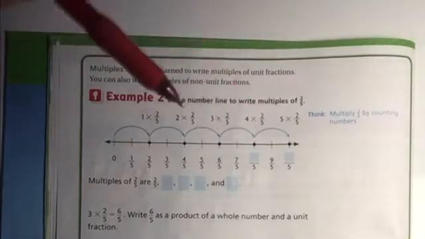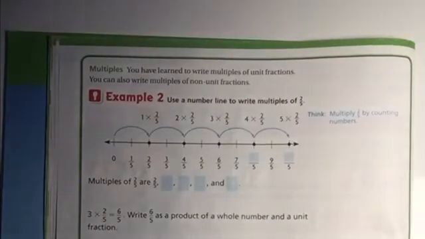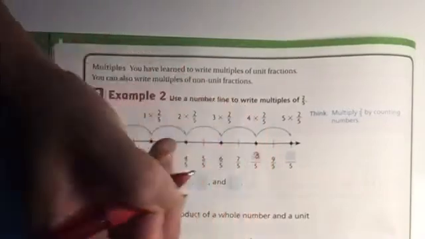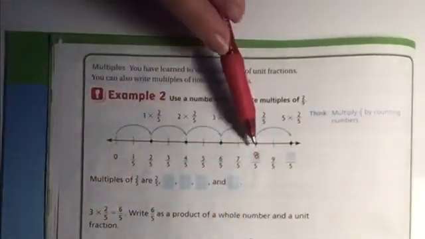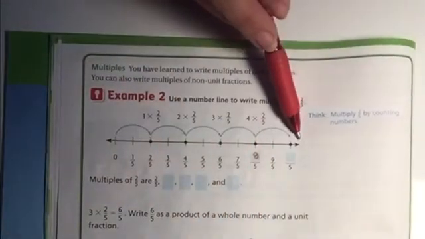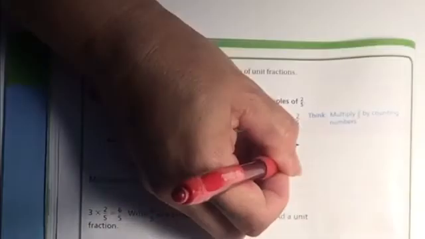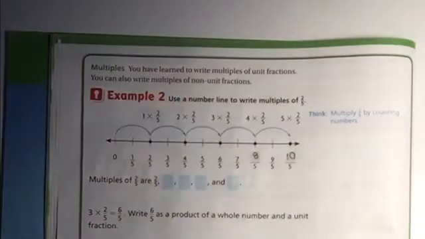1/5 plus 1/5 is 4 times 2/5, and that equals 8/5. Plus 1/5 plus 1/5 is now 5 times 2/5, which equals 10/5.